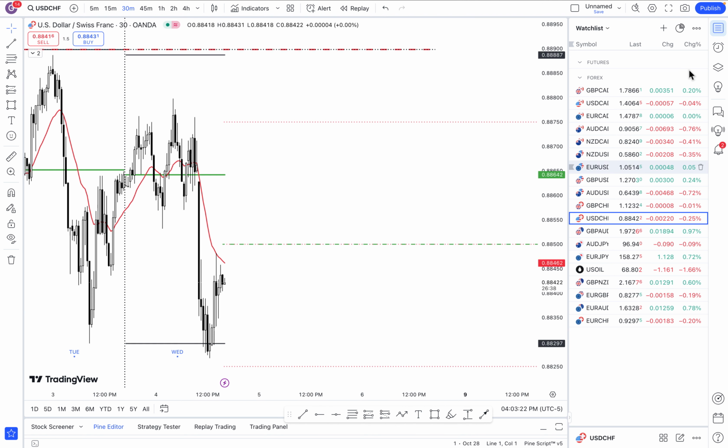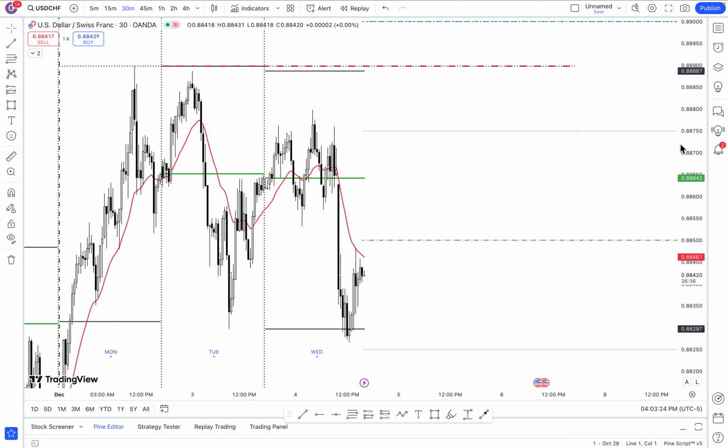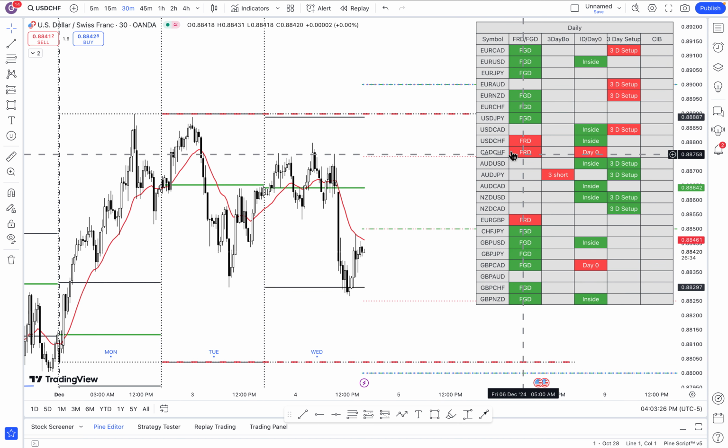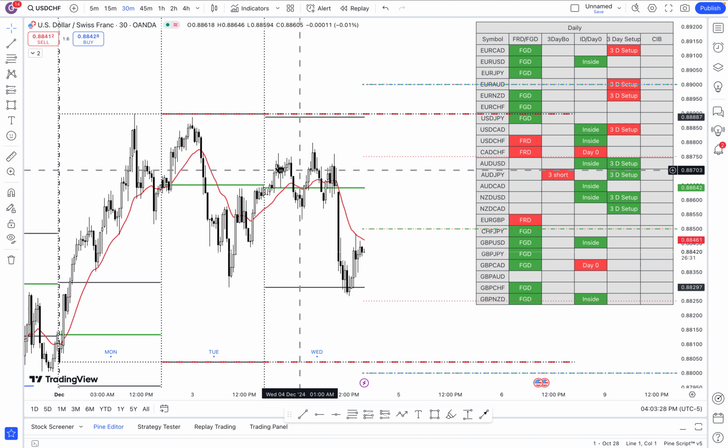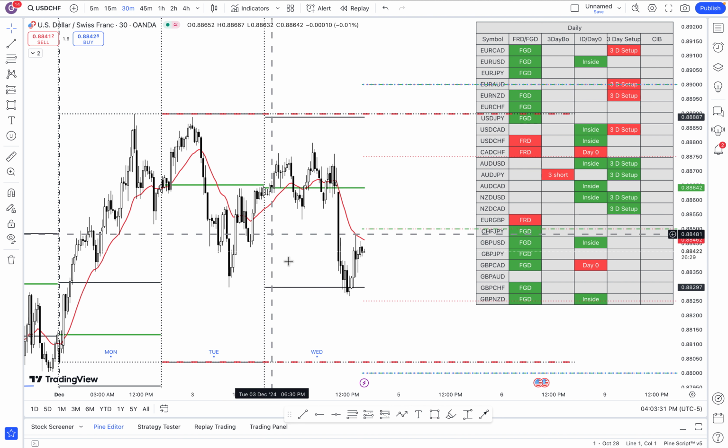FRD. Okay, all right, let's take a look at Euro Swiss franc FRD inside day. It was an inside day, and the first red day we had 3 peaks formed.